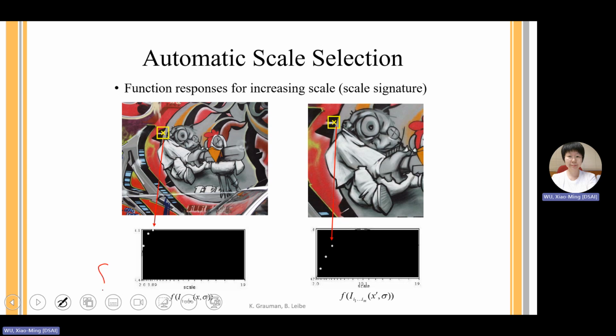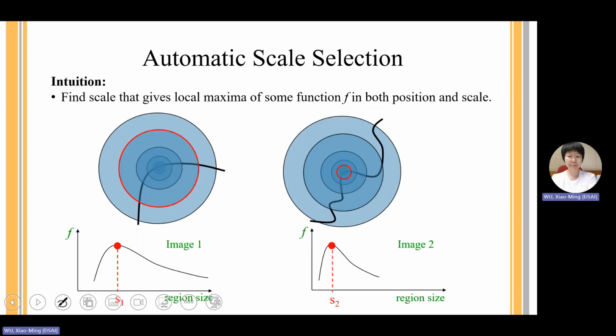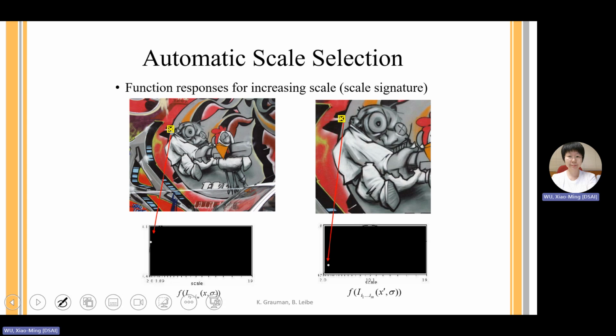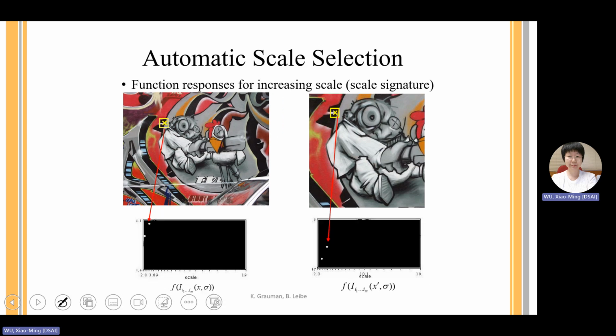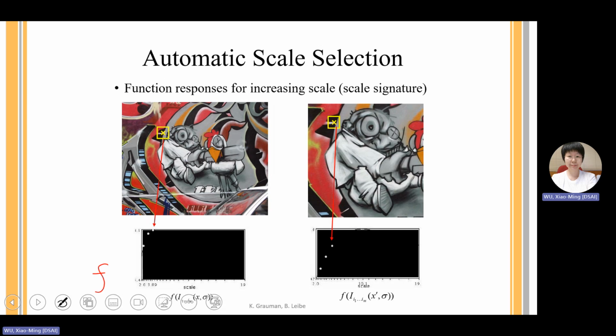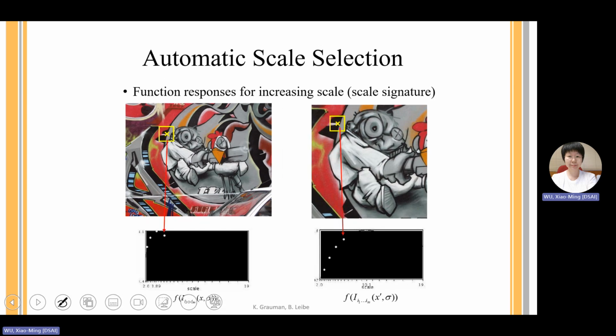We are given a function f. We draw a curve for each window size. We compute the value for f. We update the f function for different window sizes.